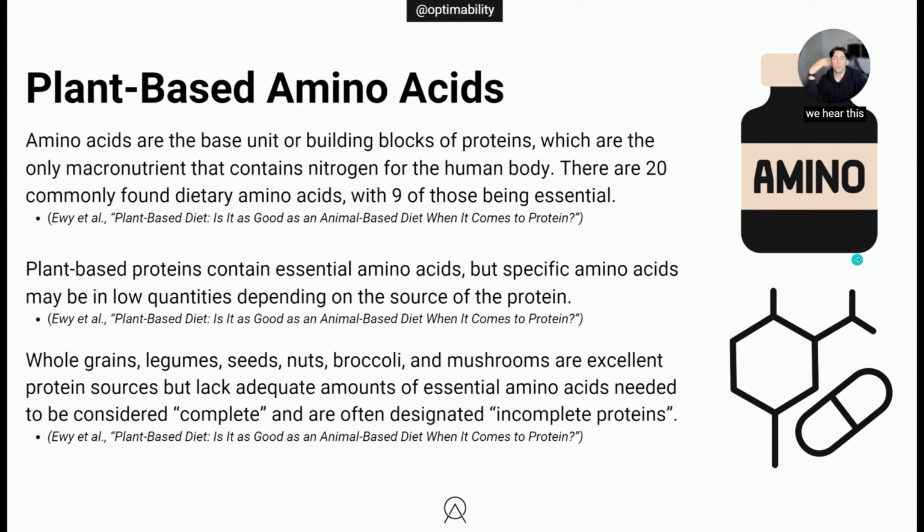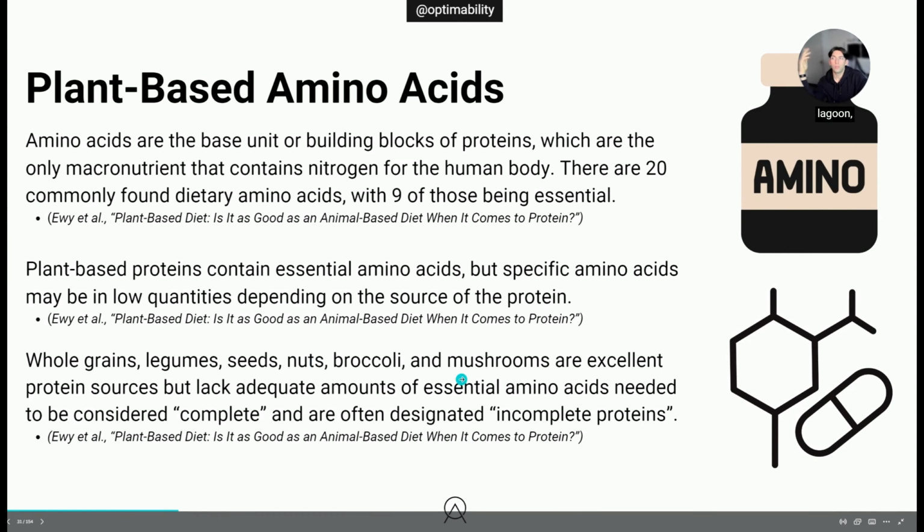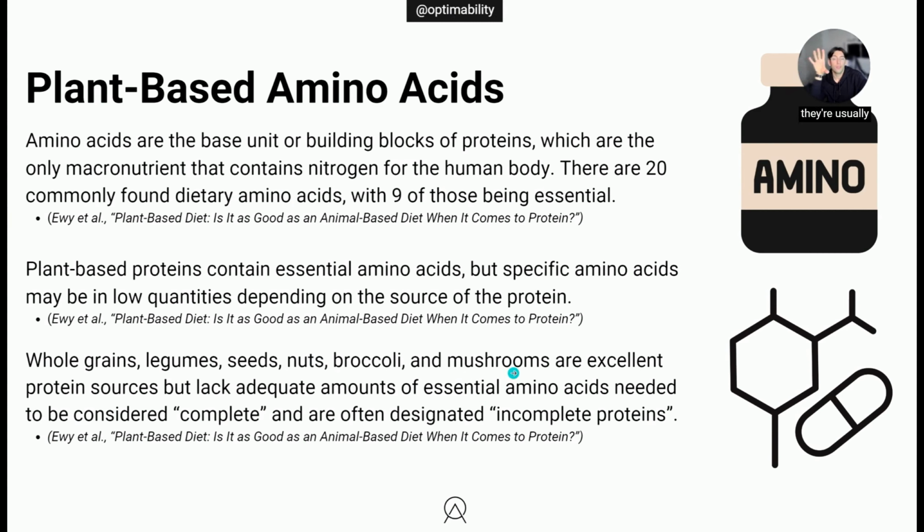In terms of plant-based amino acids, which we hear about all the time, because plant-based sources of protein aren't as dense, they don't contain a big punch of all the amino acids in one. They're just spread out across the rainbow of foods that you're supposed to consume. Whole grains, legumes, seeds, nuts, broccoli, and mushrooms are excellent sources, but they're usually categorized as incomplete proteins because they do not contain high amounts of all of the amino acids, if that makes sense.